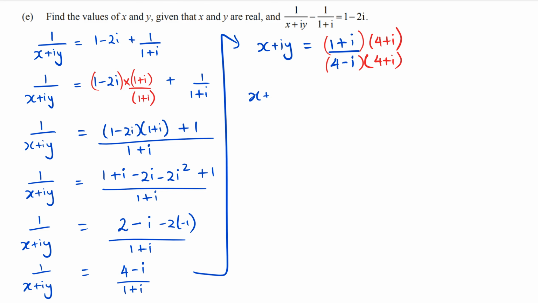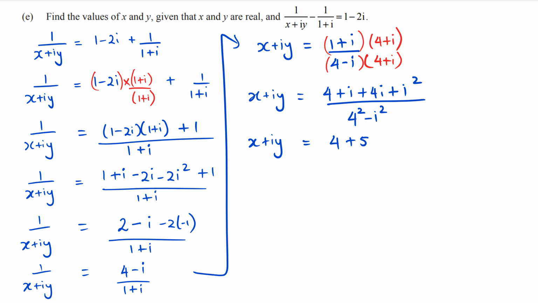So x plus iy, and in the numerator I've got 1 times 4, which is 4, 1 times i, which is i, then I've got 4i plus i squared, and in the denominator I've got 4 squared minus i squared, so I've got x plus iy equals 4 plus 5i minus 1, because i squared is minus 1, and then 4 squared minus negative 1.